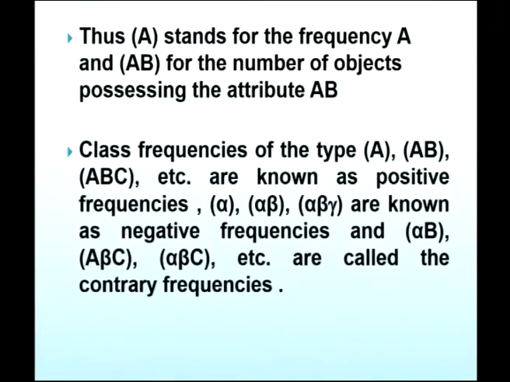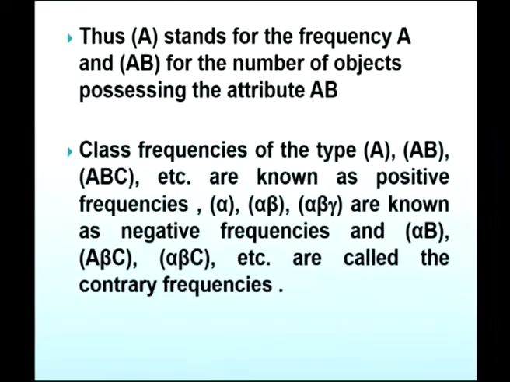If there is a combination of possession of one attribute and non-possession of another attribute, such frequencies are called contrary frequencies. Alpha B is non-possession of one attribute and possession of another attribute. The same attribute cannot be possessed and non-possessed, so one should be non-possessed and another possessed. So, it represents two different attributes.